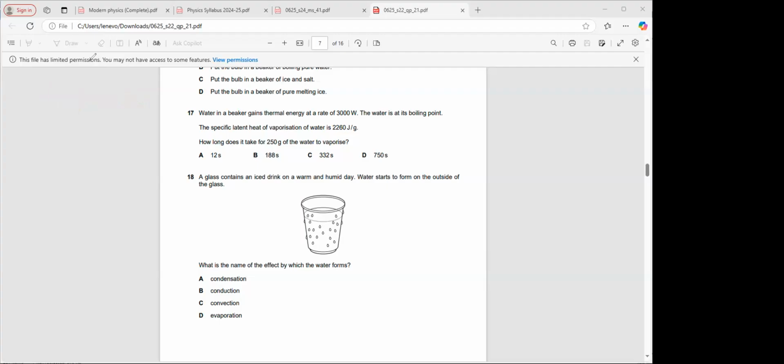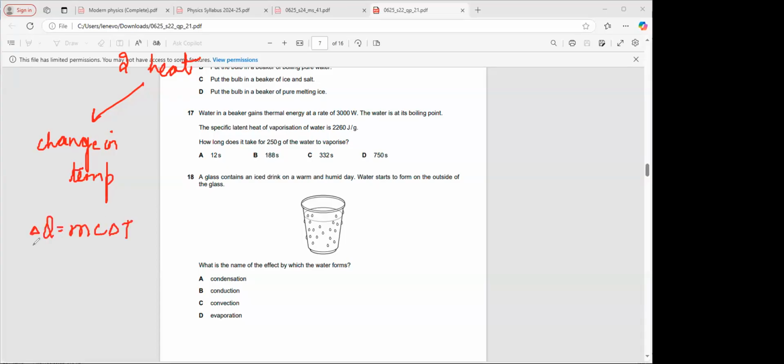Okay. See, there are two types of heat energies that are involved in your system. One is that whenever there is a change in temperature, there we use the formula delta Q is equal to mc delta T. Now, what is meant by each term?